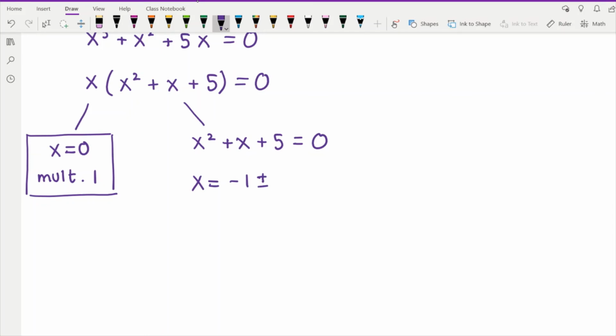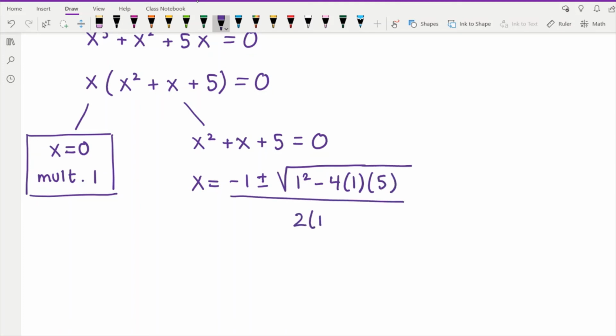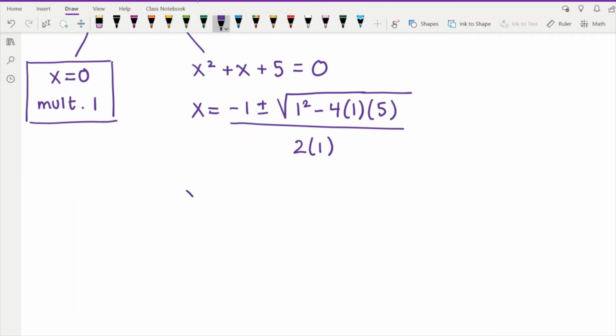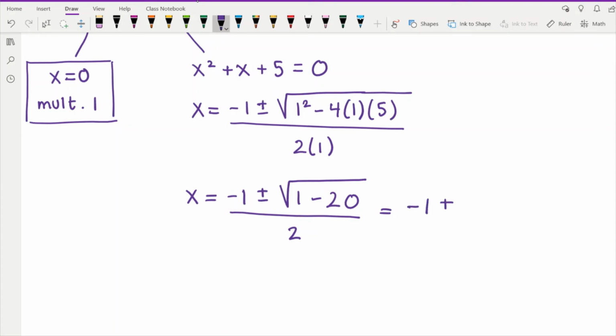Okay, so we have x is equal to negative b, so in this case that's -1, plus or minus the square root of b squared, so 1 squared minus 4 times 1 times 5, all divided by 2 times 1. So we get x is equal to -1 plus or minus the square root of 1 minus 20, divided by 2. And so this simplifies to -1 plus or minus the square root of -19, over 2.